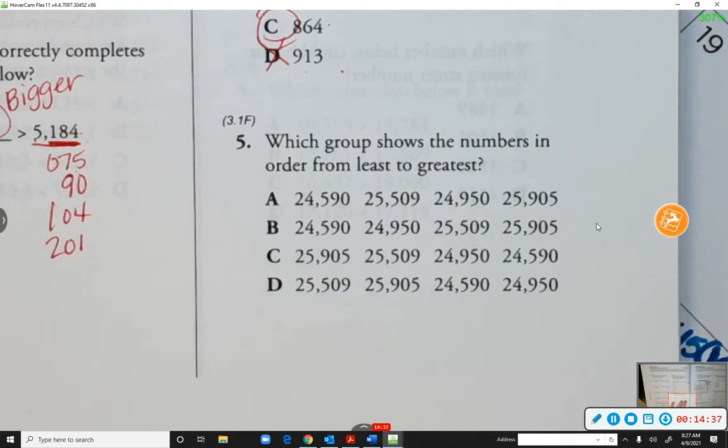So for A, since it says least to greatest, I looked at all of them and looked in the hundreds to see if they were least, because it says least. Okay, good. So you wanted to start by finding the answer choice that has the least in front, okay? And then you can eliminate it if it doesn't, okay?